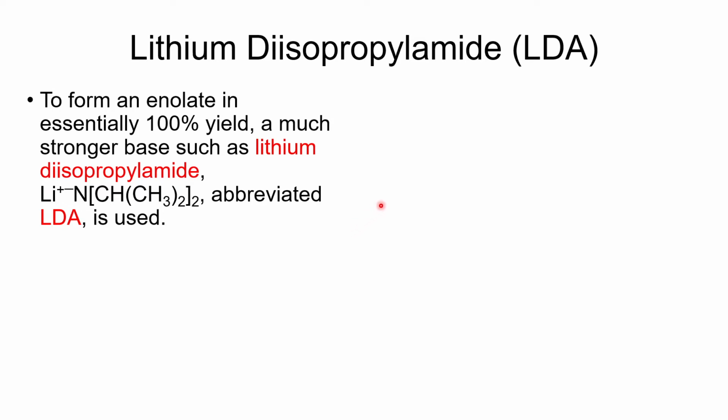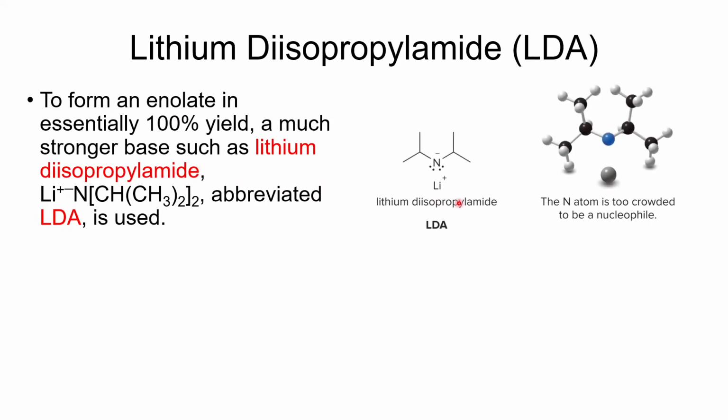There you go. That LDA, as we call it for short, is very effective at deprotonating our alpha hydrogens on carbonyl compounds. And so if we want essentially 100%, LDA is a pretty good bet.